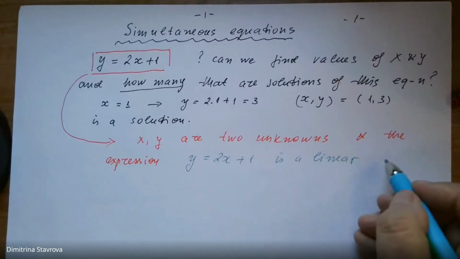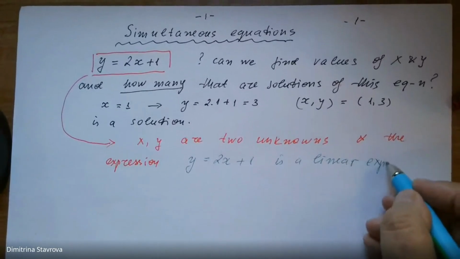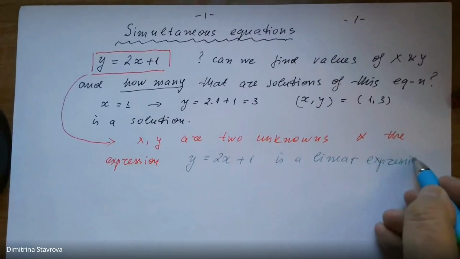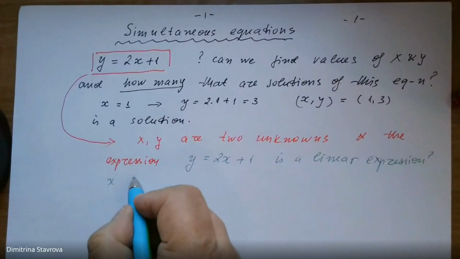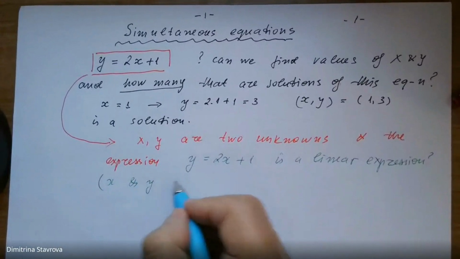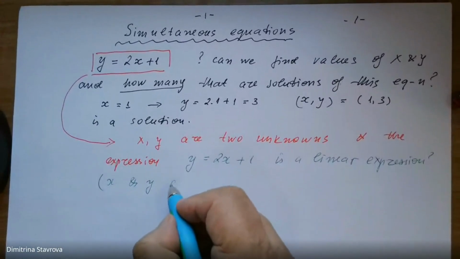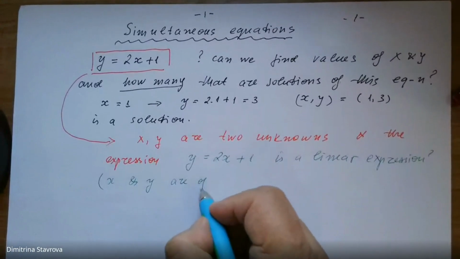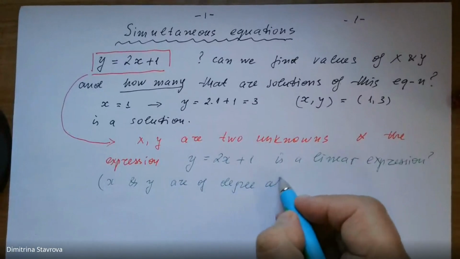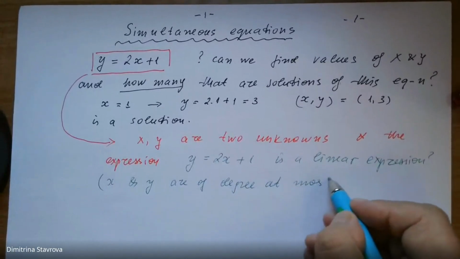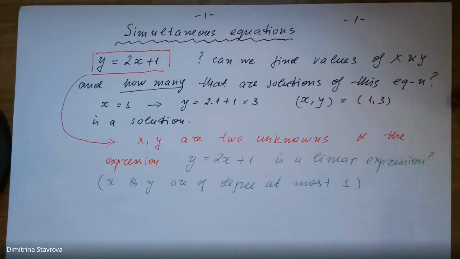What does it mean, linear expression? It means that x and y are of degree at most 1. It could be 0.